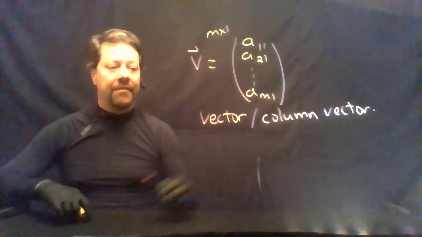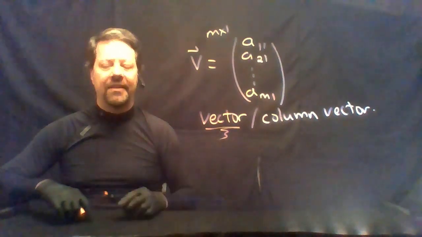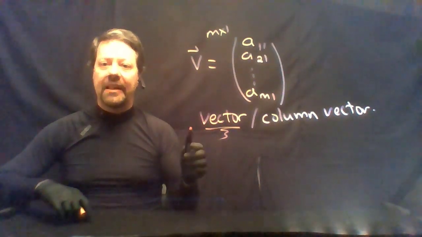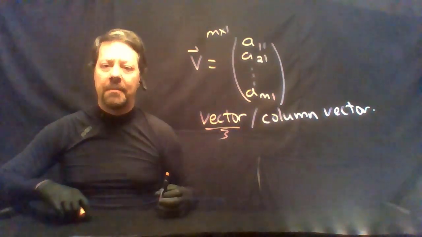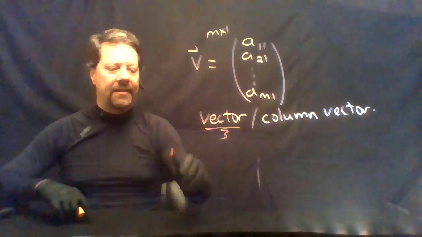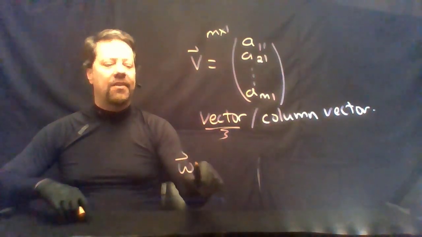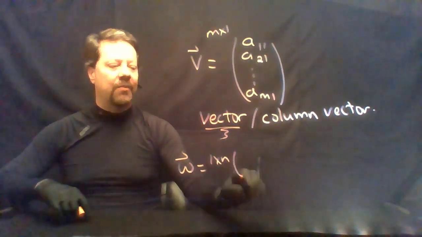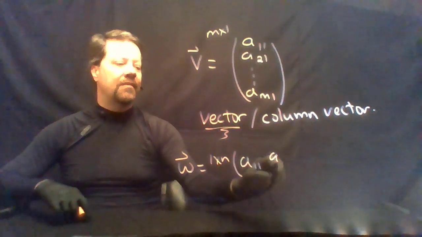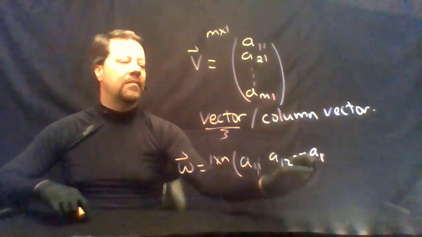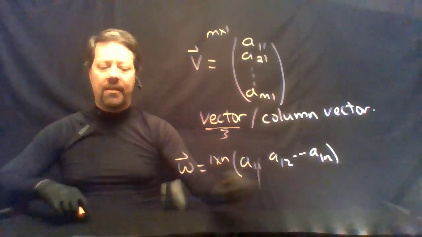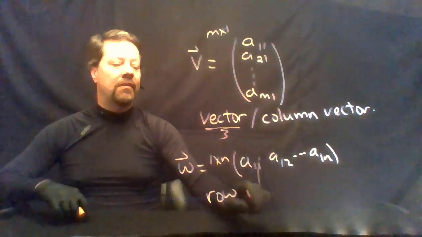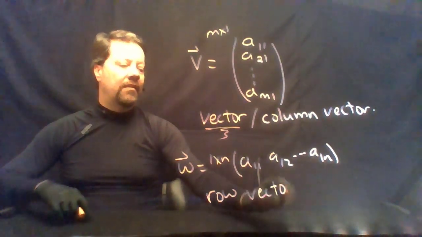However, I want you to be careful. If you use the word vector, you specifically are referring to a column vector unless you otherwise indicate. You can talk about a 1 by n vector, in which case you should definitely call this a row vector.